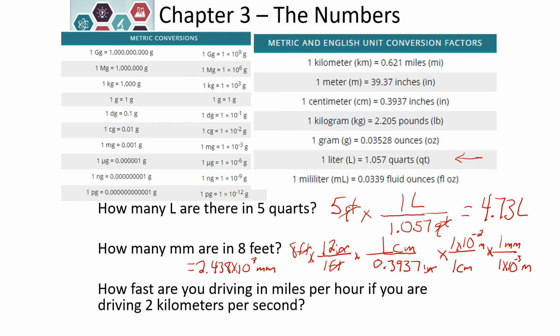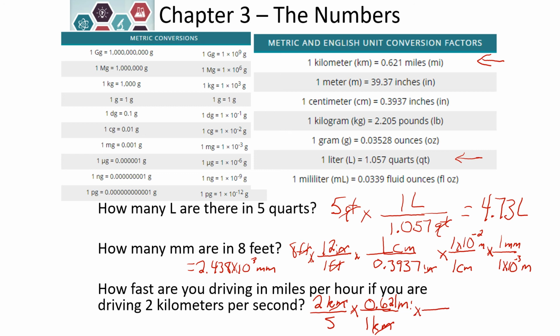How fast are you driving in miles per hour if you're driving 2 kilometers per second? So we're going to go 2 kilometers. Per, again, means divided by 1 second. We're going to convert 1 unit at a time. So kilometers to miles, we're given that conversion. We want the kilometers to cancel, so we're going to put that on the bottom. We're going to put the miles on top. The kilometers cancel, and now we're in the unit that we're trying to get to on top.